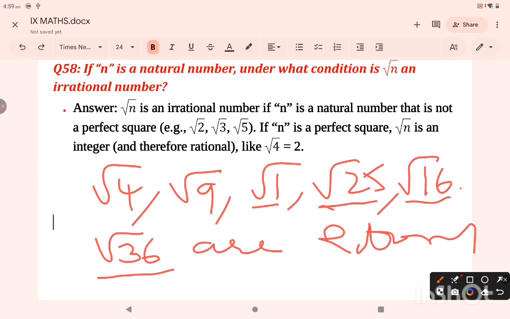If root n is irrational, then n is not a perfect square. So here what is the condition we have? If root n is irrational, n is not a perfect square.